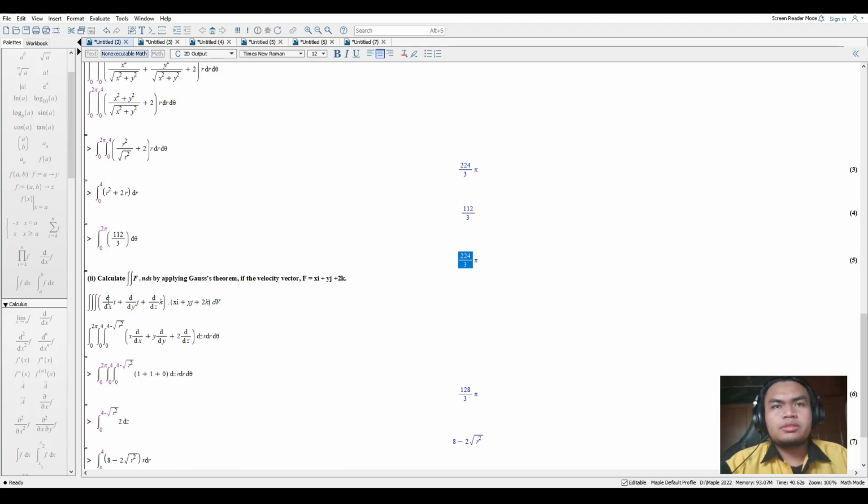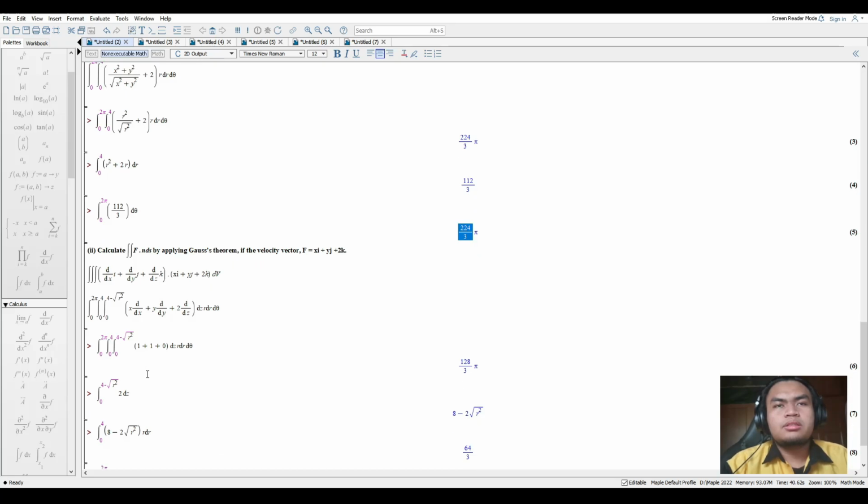Okay, this is for the manual calculation. Okay, this is the calculation from the formula, and after that we just insert the numbers. x dx, we will get 1, y dy we get 1, and 2 dz we get 0.